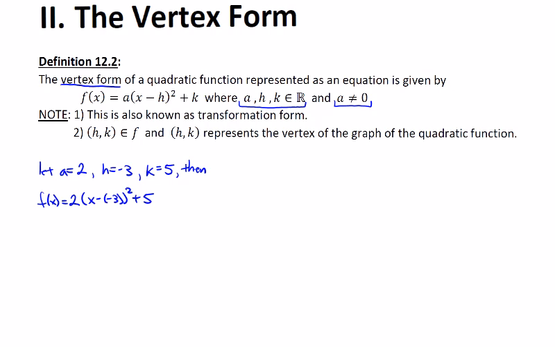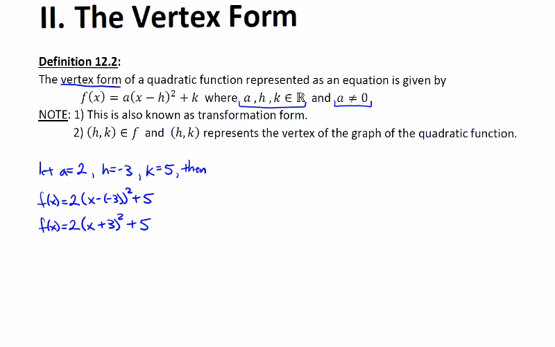And then here on the inside, where it says x minus negative 3, I had to plug in negative 3 for the h, but since I'm subtracting a negative, I would simplify this just a bit and call it 2 times x plus 3 squared plus 5. And this represents a quadratic function equation written in vertex form.